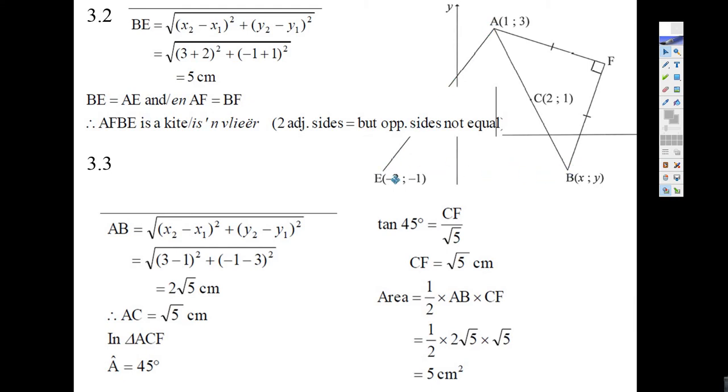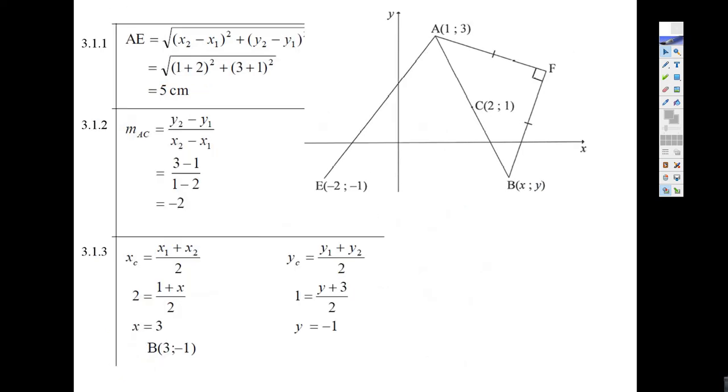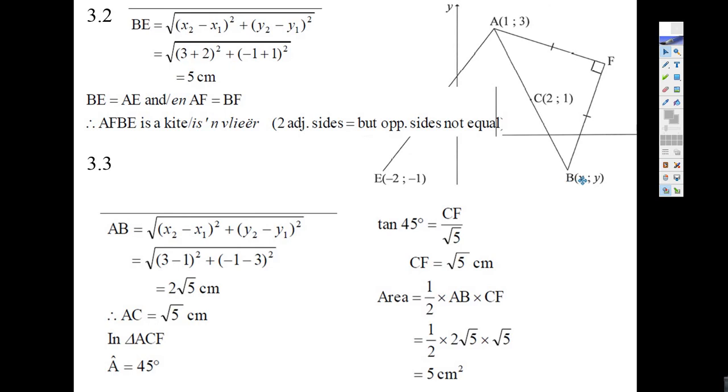What's this distance? The point B is (3, -1), as we just learned over here. All we do is go 3 minus -2 is 3 plus 2. For y, -1 minus -1 is 0. So 3 plus 2 squared, it's just 5. Hey, I didn't even have to do that.